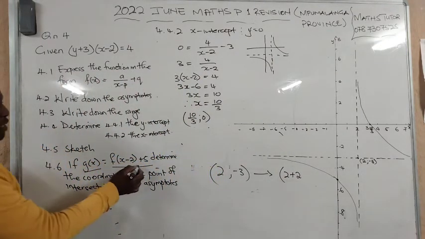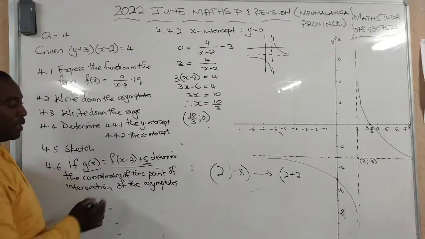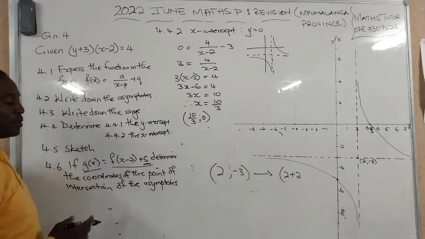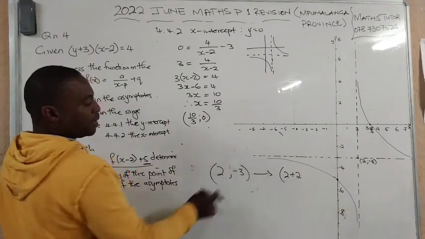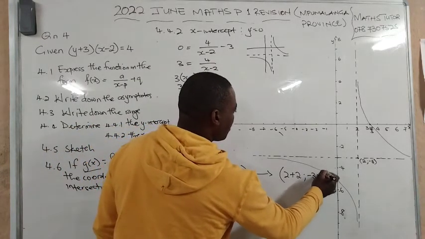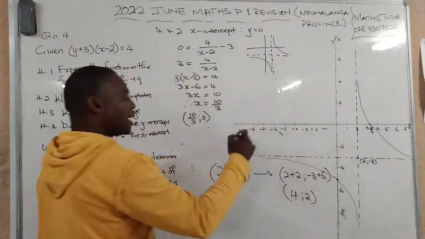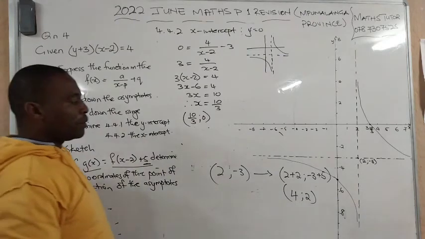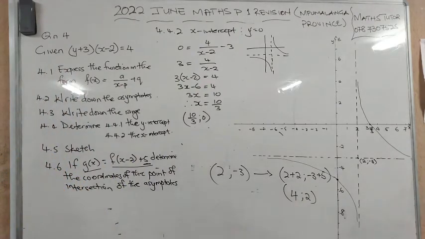And then the 5 is the vertical shift, and it's positive, so it's 5 units going up. So when we go up, it is the negative 3 that is being affected. So it will be negative 3 plus 5. So this will give us (4, 2). So the asymptotes of g will be crossing at point (4, 2). So that is how you were supposed to answer this question. All right, we'll continue to question 5 in a while.